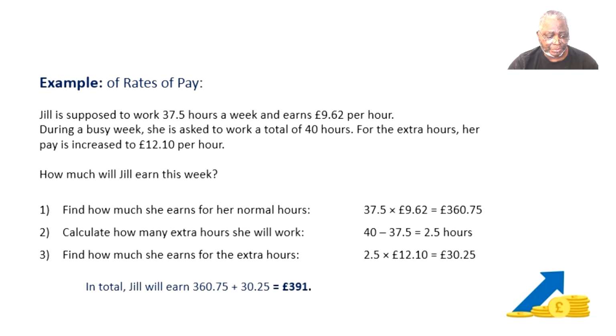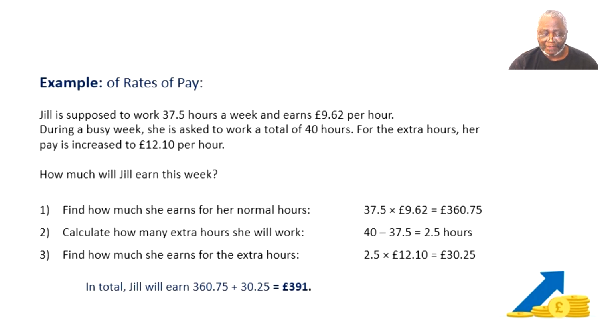And that is your calculation. 1, find how much she earns for her normal hours, which is 37.5 times £9.62. Answer, £360.75. And calculate how many extra hours she will work, which is 40 minus 37.5 hours, which will give you 2.5 hours.